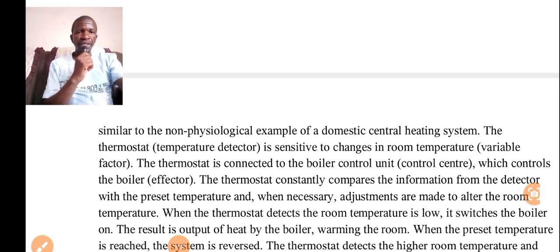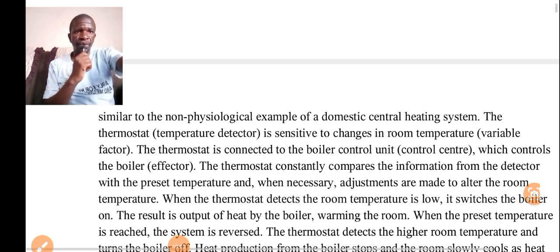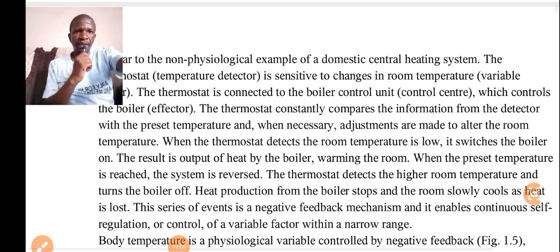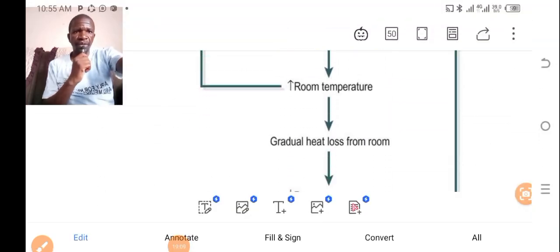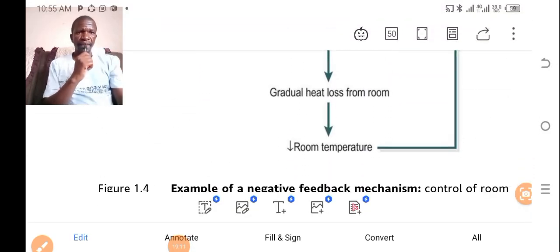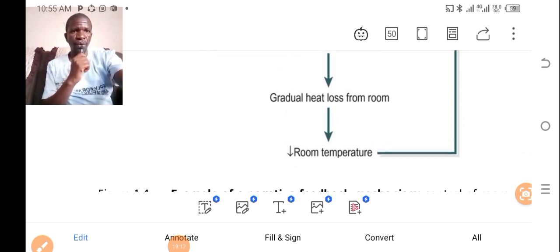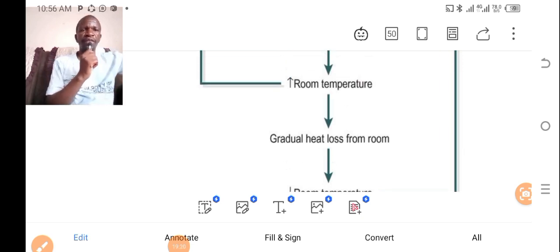This non-physiological example of a domestic central heating system can be likened to the human body, right? If your temperature is too high, the central nerve endings are going to send the information to the brain, and then the brain is going to interpret it and reverse that high temperature.